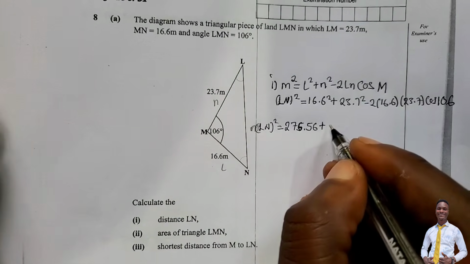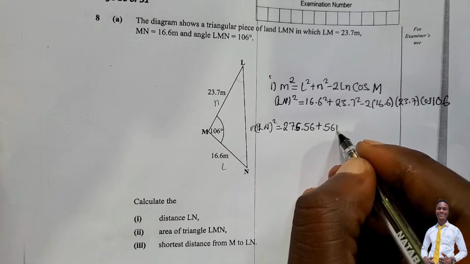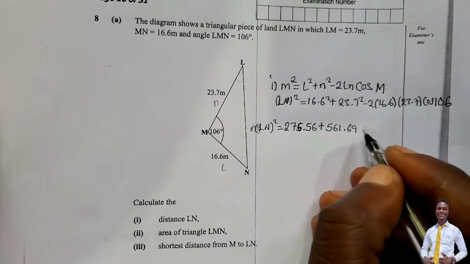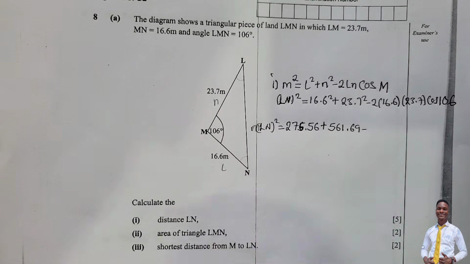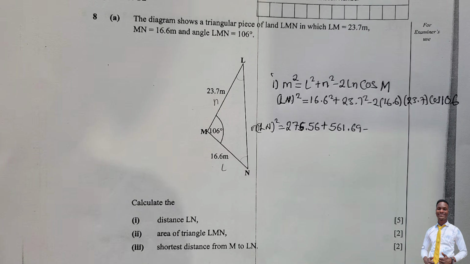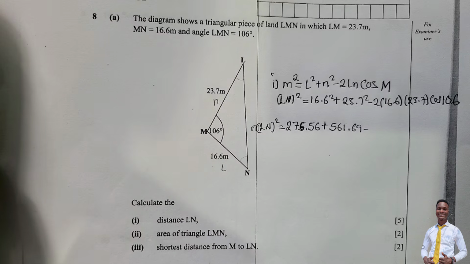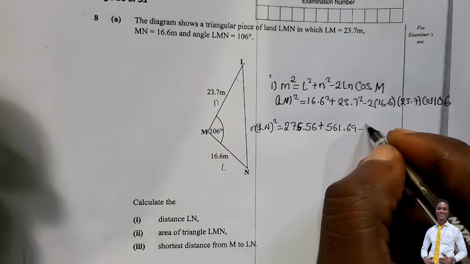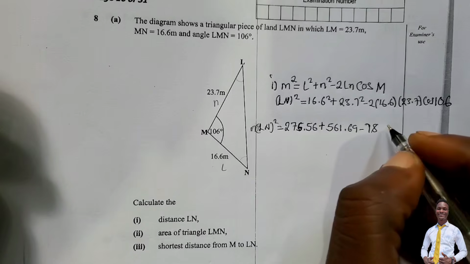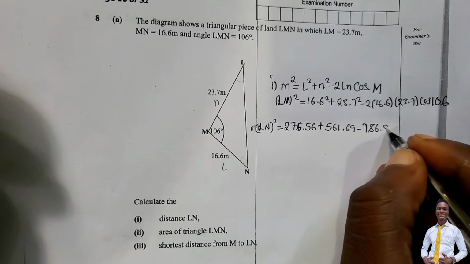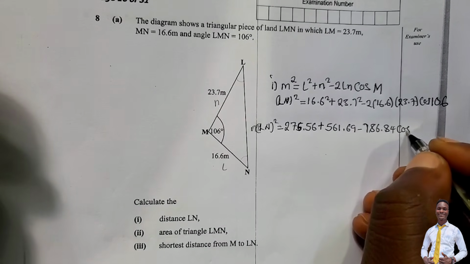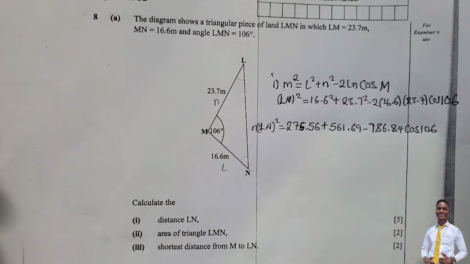This is 561.69, minus, let's calculate this, 2 times 16.6 times 23.7. This is giving me 786.84 cos 106. You follow steps, don't do shortcuts.